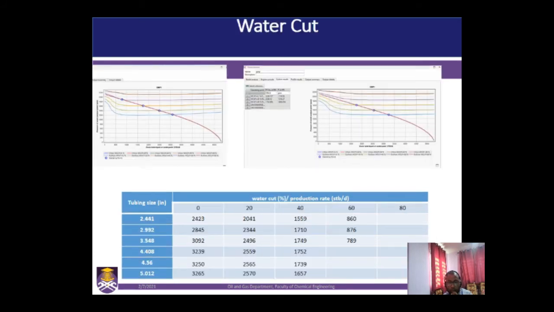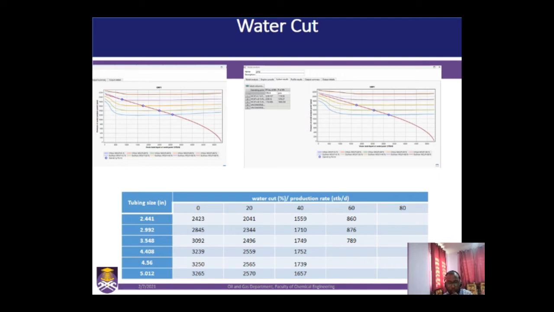But for the water cut is different. Water cut is different because only three tubing size that able to operate at water cut 60%, which is 2.4, 2.992 and 3.548 inch only able to operate at 60% of water cut.